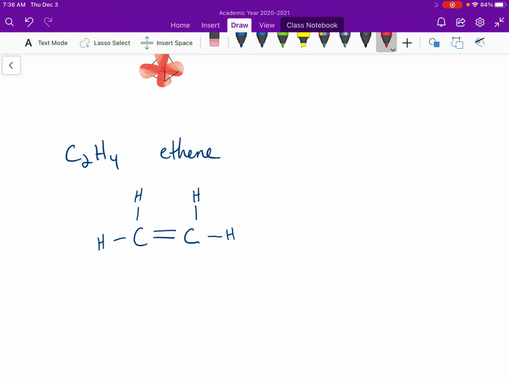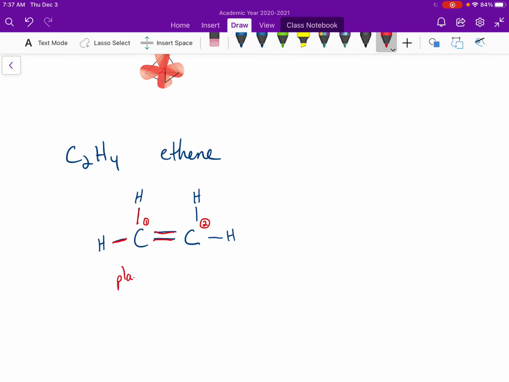So how do we talk about the 3-dimensional shape of this? Well, you have 2 central atoms. The first central atom, we'll call this carbon 1, and this carbon 2. The first carbon has 3 zones of electrons around it. So that's going to spread out into a trigonal planar shape.